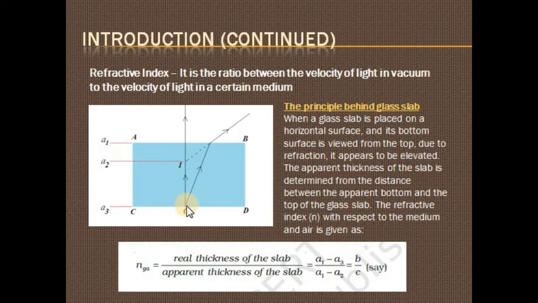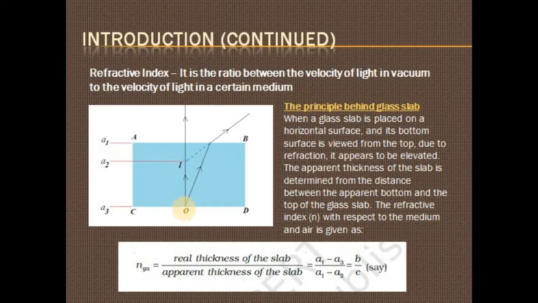Similarly, if the ray of light coming from this object O goes along the direction of the normal itself, there will be no change in the direction of the light. And if you extend the deviated ray backward, it will intersect at the point I.